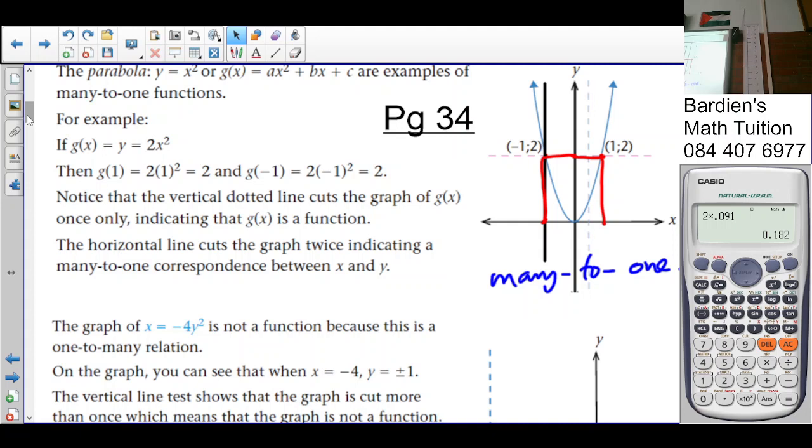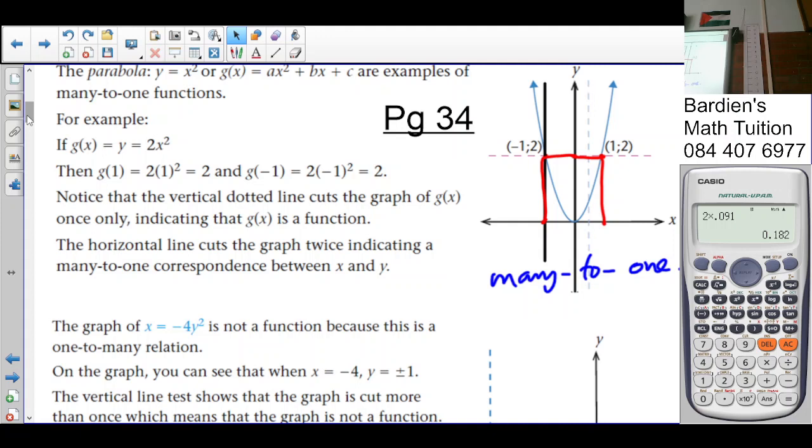Then g of 1, if you substitute 1 in, you get 2 minus 1, you get 2. As you can see, notice that the vertical dotted line cuts the graph of g of x only once, indicating that g of x is a function. Now, there's one way to determine if something is a function.